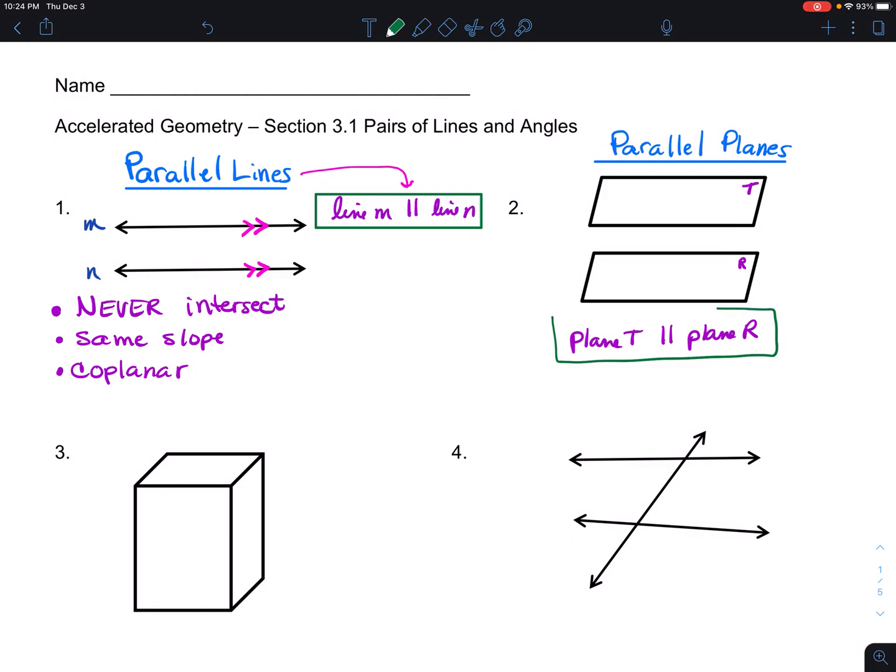Like the arrowheads we have for the lines, we do not have anything like that for the planes. Okay, and that's number 2. Not a whole lot. Think of it like the ceiling and the floor, parallel to each other.